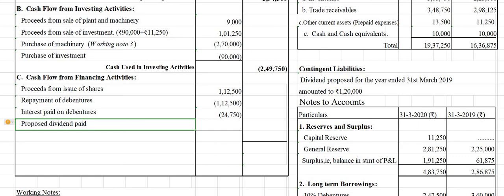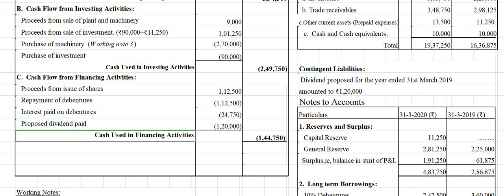So 1,20,000 we have deducted here. Okay, now we are getting the total of cash flow from financing activity. This is a minus figure, so it is cash used in financing activity, 1,44,750.